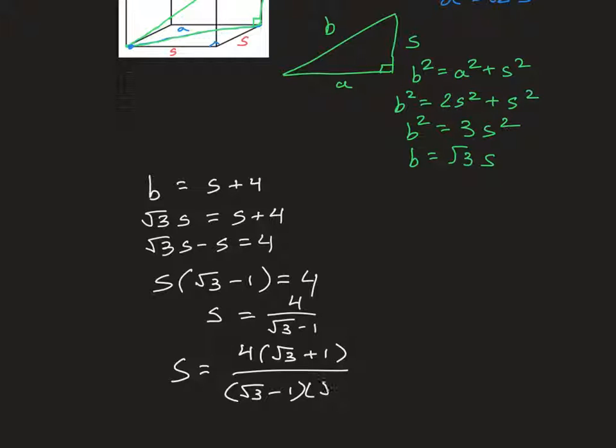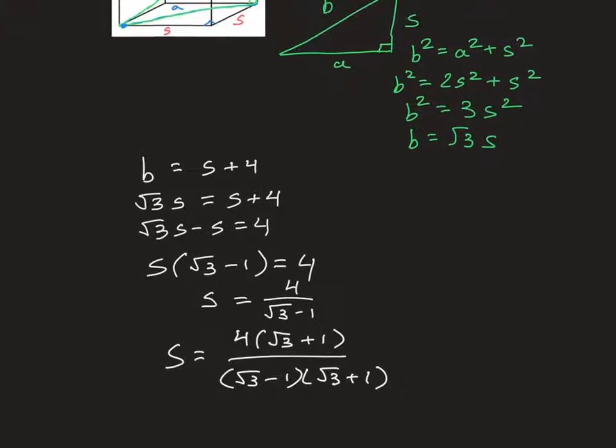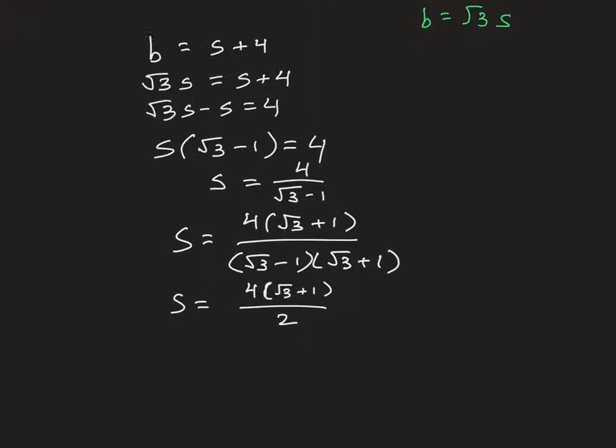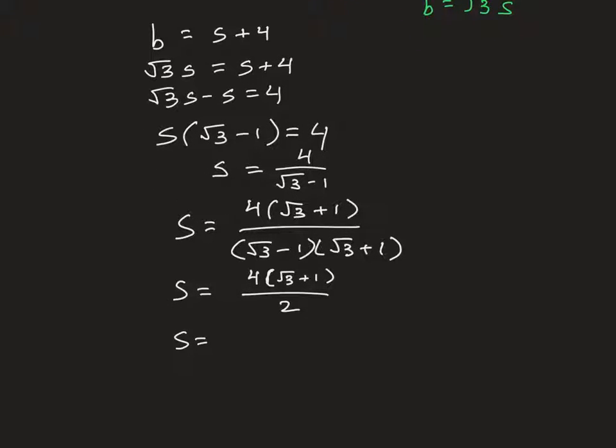And we do that by multiplying the numerator and the denominator by root 3 plus 1. And this simplifies, and we get s equals 2 times root 3 plus 1.